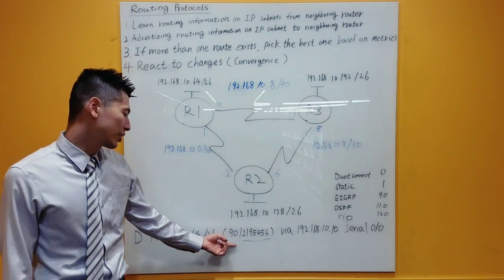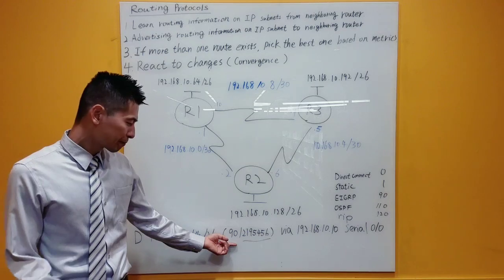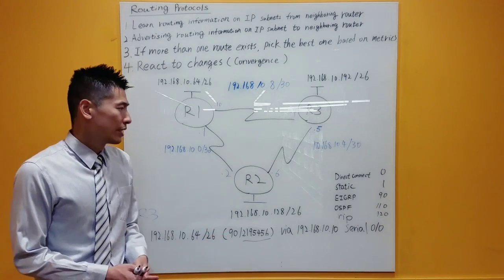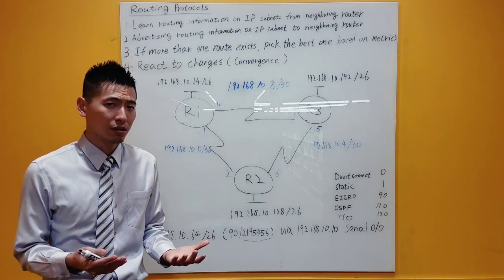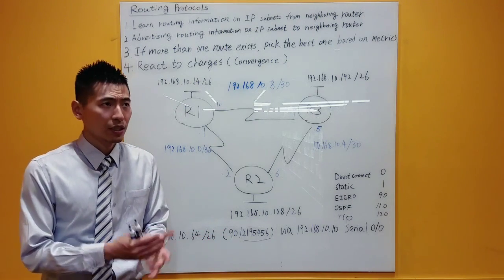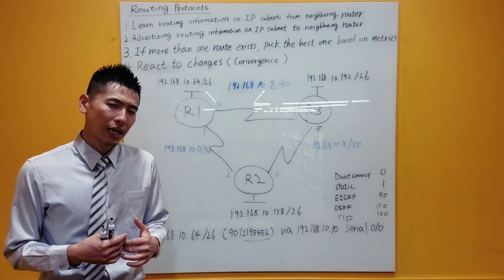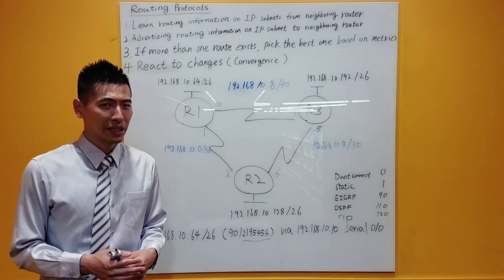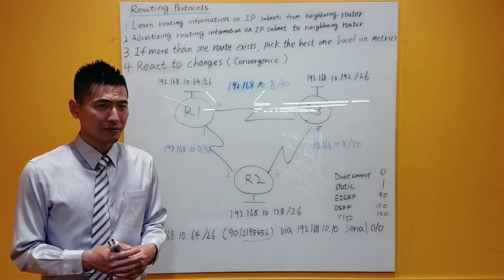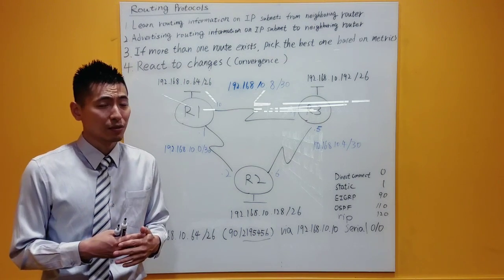Now, why is the administrative distance number important? It's because a router can have different routing protocols configured on it. Different routing protocols have different ways of calculating their metrics, so you can't really compare the metrics between 2 different routing protocols.